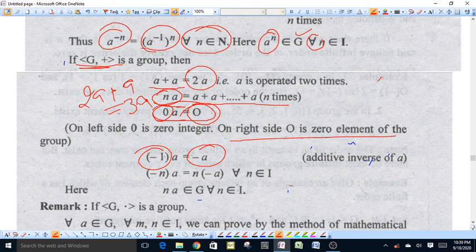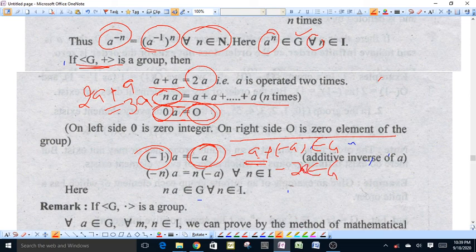For all a, minus a belongs to G. Minus a is an element of G. This means minus a plus minus a also belongs to G due to closure property. That implies minus 2a belongs to G.